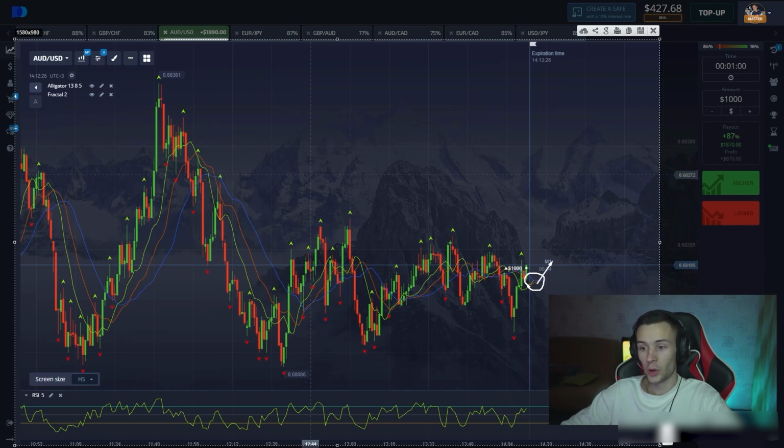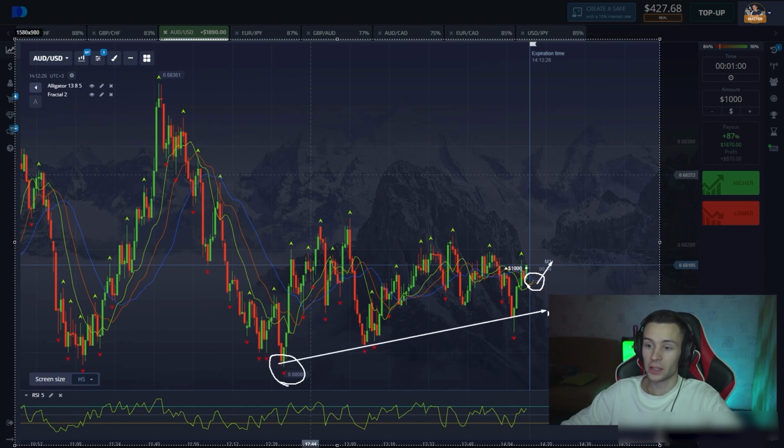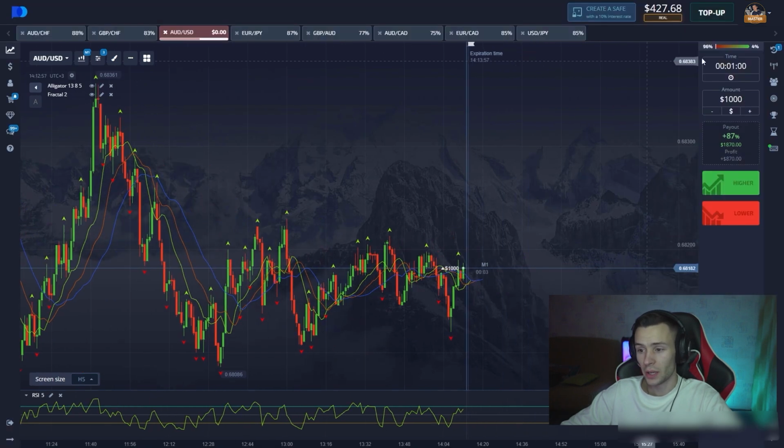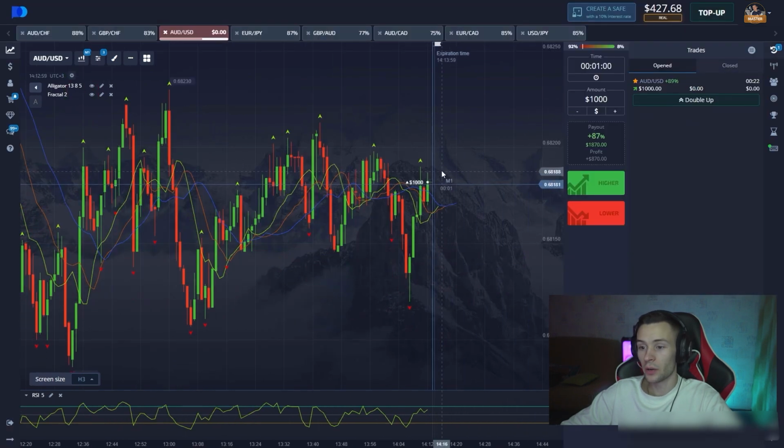From this local low we see that the price goes to the upside, and we can conclude that there are going to be upward price dynamics. We also saw the positive dynamics on the RSI, and so we open the long and we're waiting for a breakout. There are literally 20 seconds left before the closing.